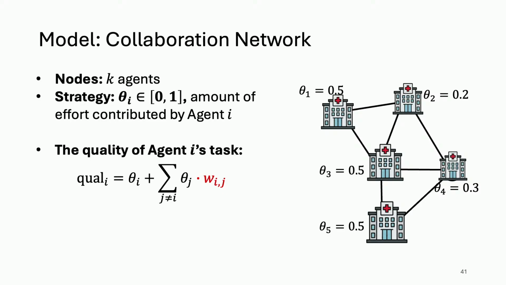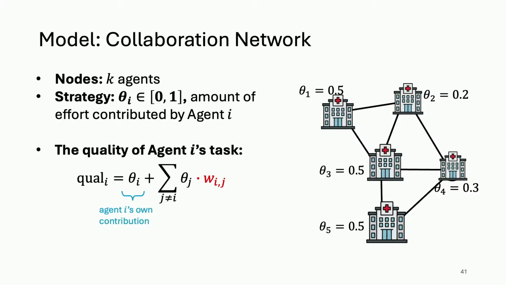And we consider an even more simplified setting. That is, the quality of agent I's task can be represented as a linear function of the effort contributed by anyone. That is to say, the benefit to agent I from other people is linear.